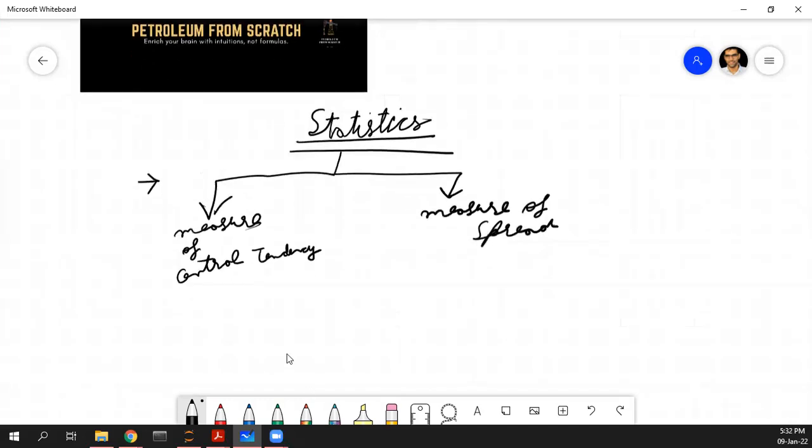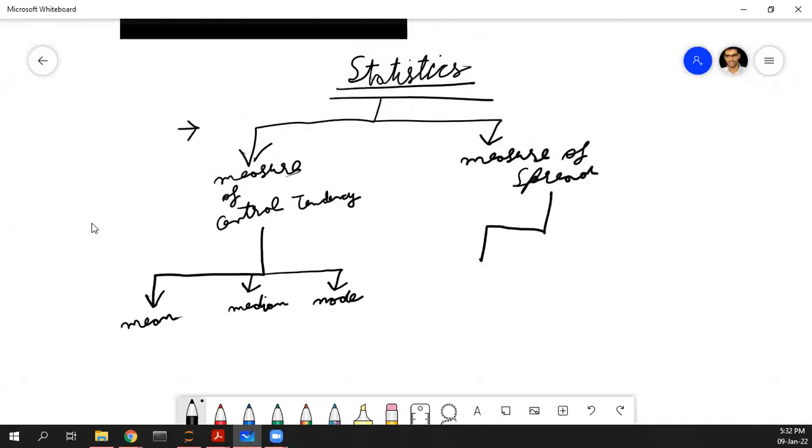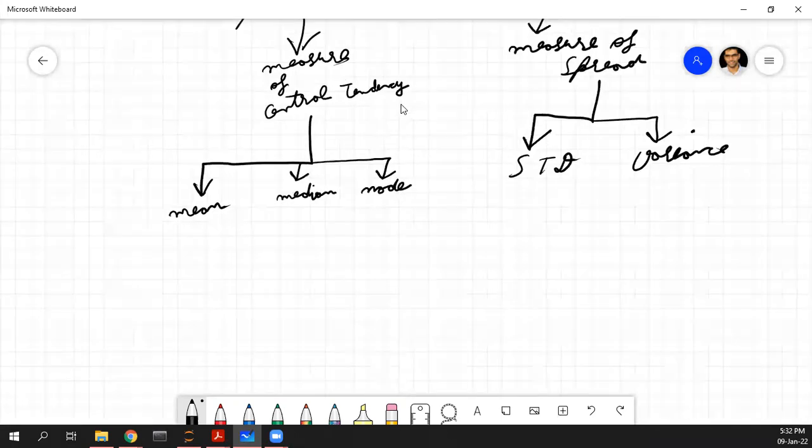For central tendency, there are different things by which we can know about the central point: mean, median, and mode. And for the measure of spread, we use standard deviation and variance. We are not going to get into depth, but this will give you a rough idea.